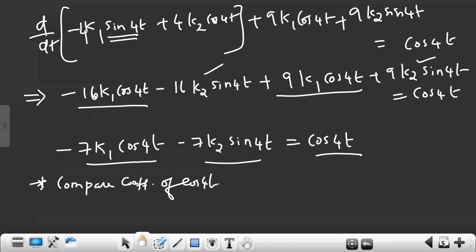In the left hand side, what is the cos 4t term and what is its coefficient? It is minus 7K1, and in the RHS you are having 1. From this you will get K1 as minus 1 by 7.